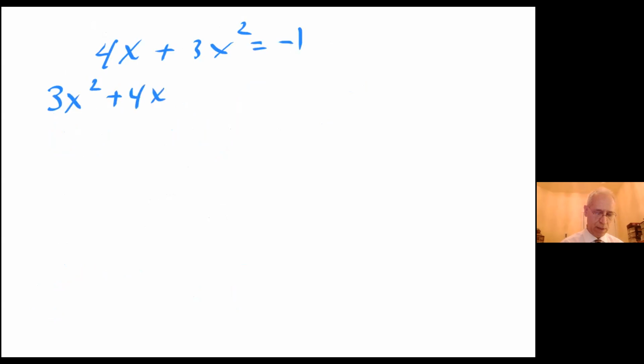So let me go to the next page and rewrite this as 4x plus 3x squared equals negative 1. After dropping the base, I can rearrange this to 3x squared plus 4x plus 1 equals 0. Okay. All right, I need two terms that multiply to 3x squared.